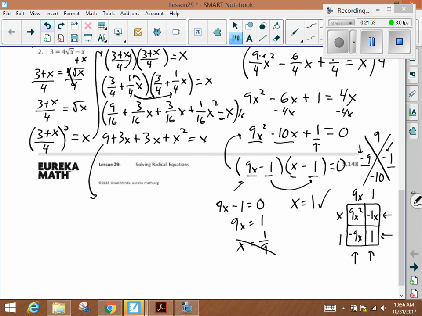Okay. So now I'm going to combine like terms. 3x plus 3x is 6x plus x squared equals x. We're almost there. Subtract x from both sides. And I'm actually going to reorder this and write this as x squared plus 5x plus 9 equals 0.